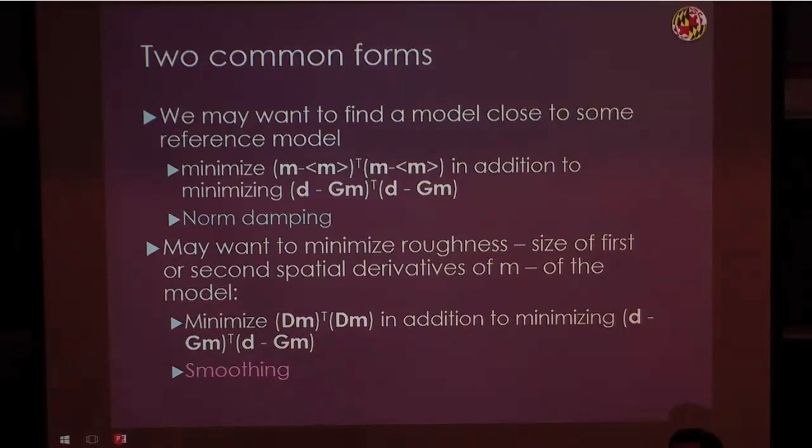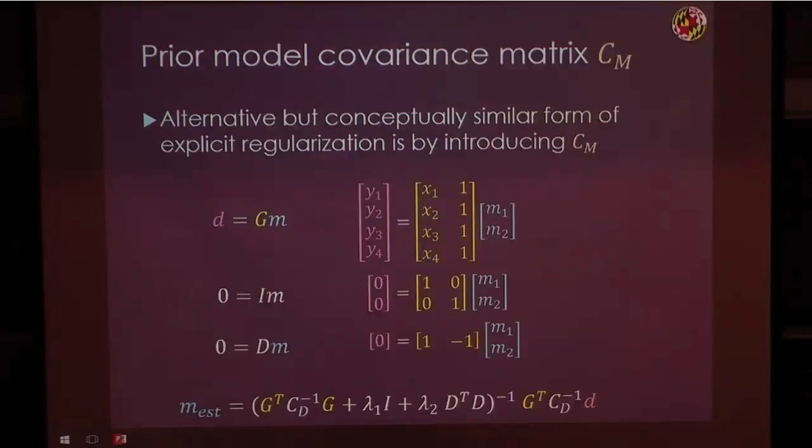And in this case, the model parameters really have to define some kind of physical space or physical quantity, because taking spatial derivatives of something that's not a physical or spatial quantity is not the best idea. So in that case, we want to minimize this Dm. I'll show you what the form of D is in a second, in addition to minimizing the residuals. Okay? So these are two common approaches. Now let's see how this works in reality.